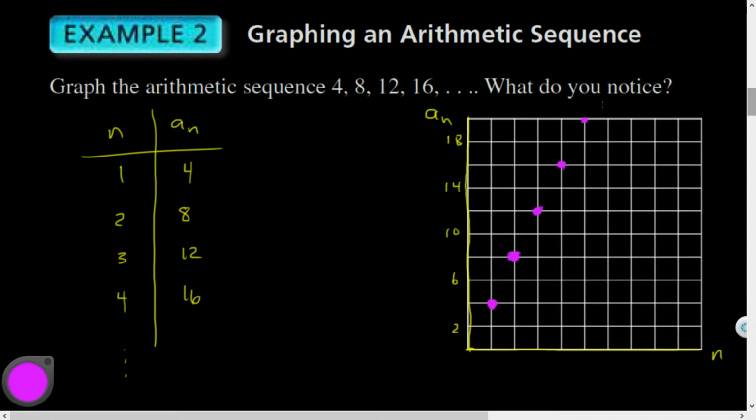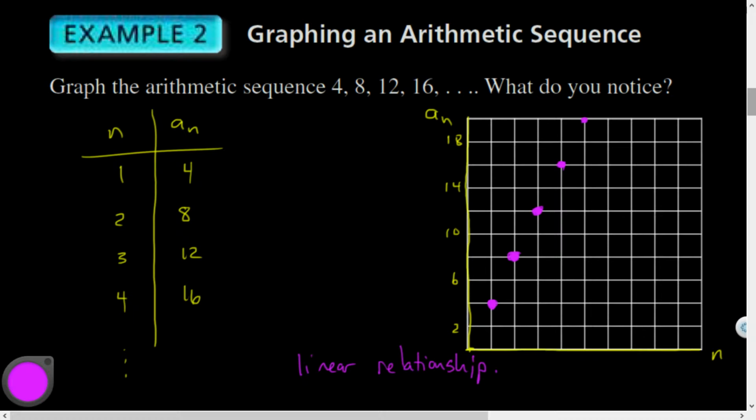And I could predict the location of other points. So it's a linear relationship, right? These points lie on a line, okay?